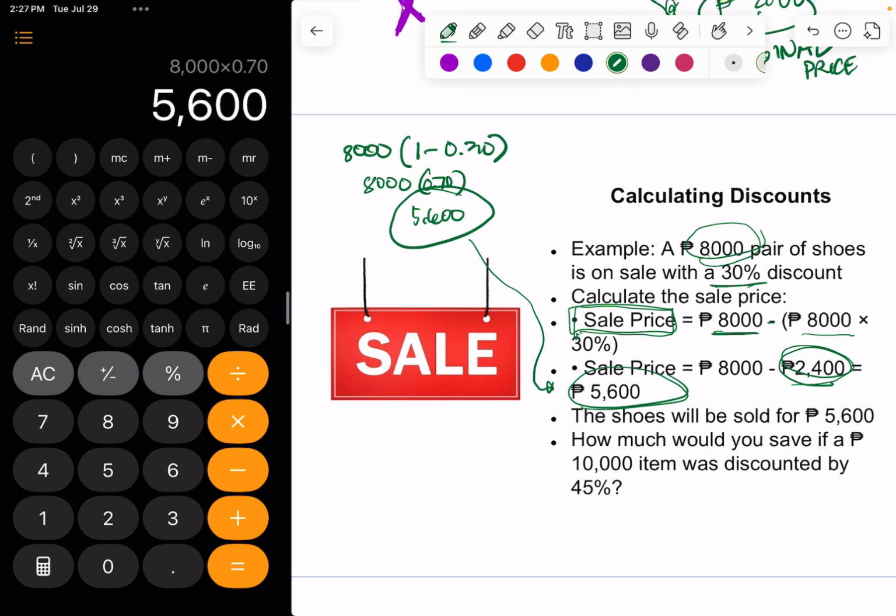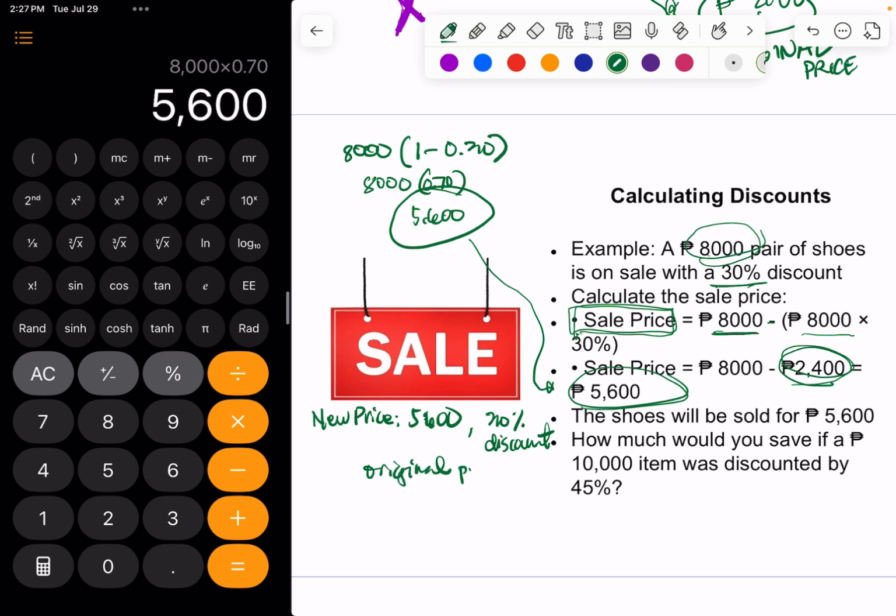Okay, what if ang gihatag is 5.6? Wala ka kabalo sa original price. So let's say new price ang gihatag, which is 5,600. Then we know nga applied here is a 30% discount. So ito ang buhaton, pabalik sa original price.